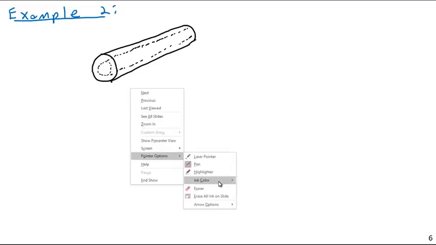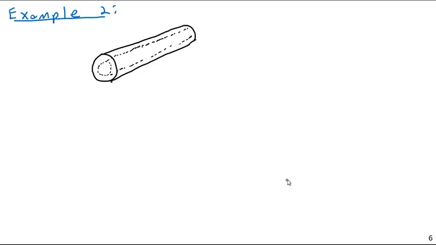Okay, and now I'm going to tell you that this thing has an outer radius of 57.5 millimeters and an inner radius of 52.5 millimeters.